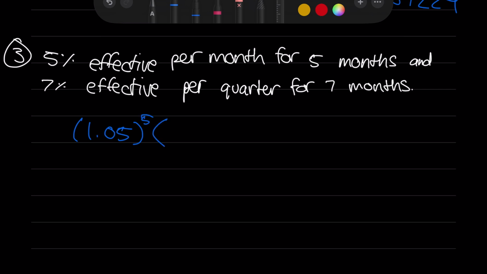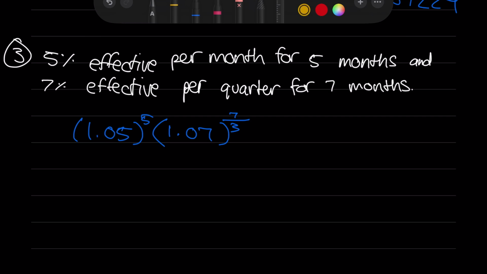In the second part, we have 7% effective per quarter. But this is per quarter for 7 months. So we're going to put 7 over 3. The 3 is there because a quarter of a year is 3 months.